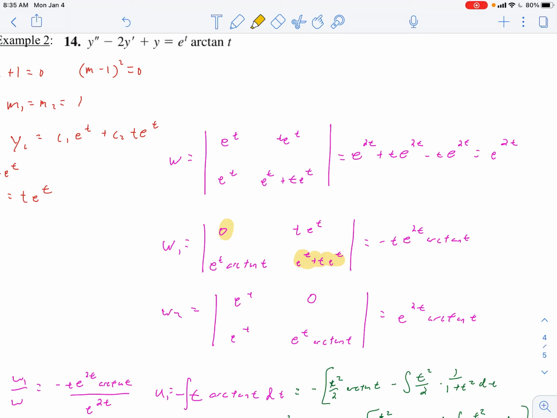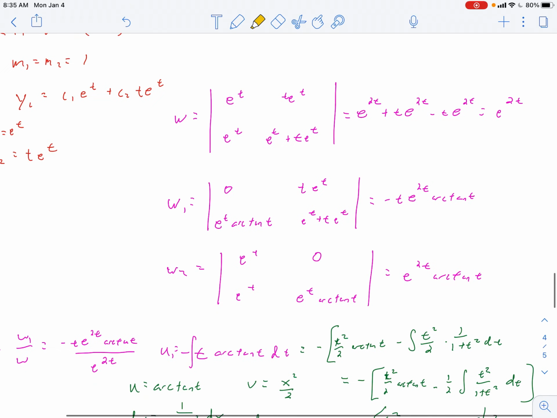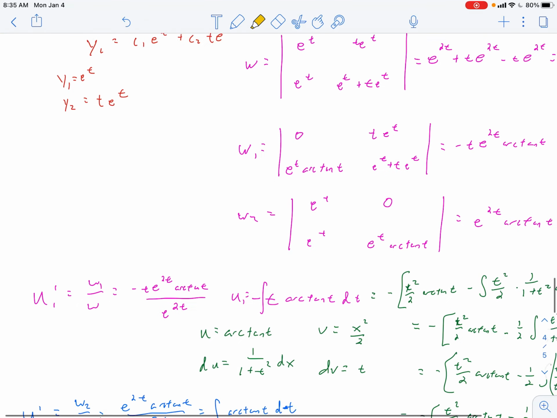That's going to give me 0, then minus these two terms, which is going to be minus t e to the 2t arctangent t. So that's our Wronskian sub 1. All right, our Wronskian sub 2, we can go ahead and find that as well. Multiply those two. Our second part is going to be 0, so it's just going to be e to the 2t arctangent t. All right, so that's easy.